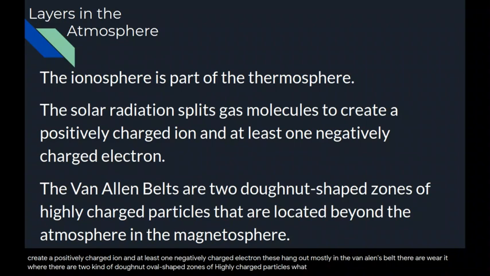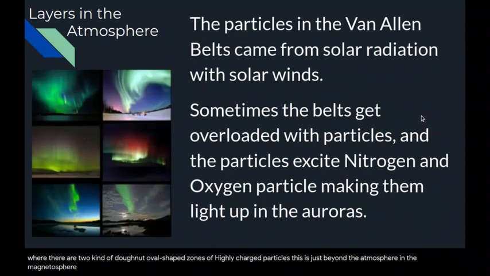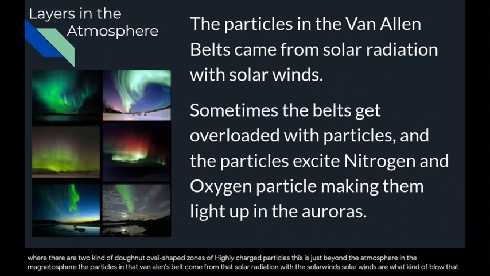This is just beyond the atmosphere in the magnetosphere. The particles in the Van Allen belts come from solar radiation with the solar winds. Solar winds are what blow that radiation around.